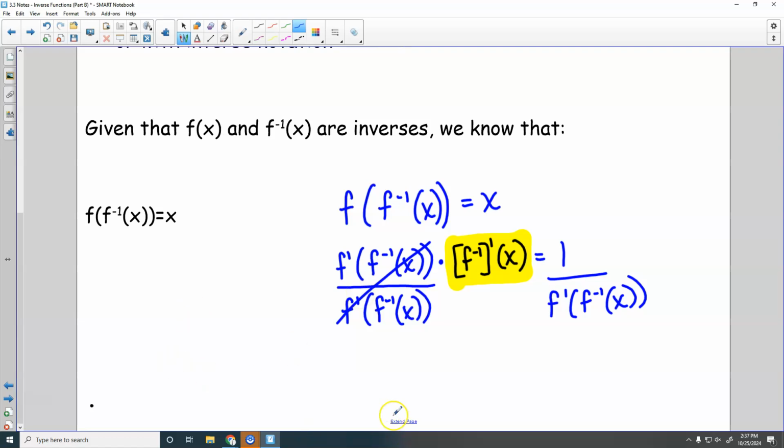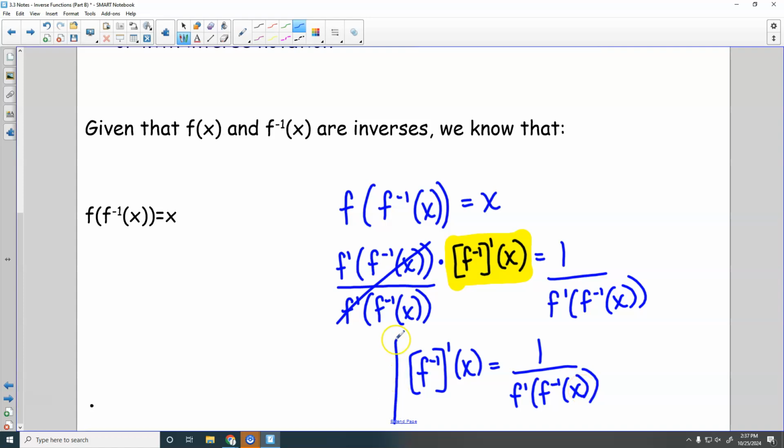And so, again, that formula for the derivative of the inverse is 1 over f prime of f inverse of x. So that's one that you want to know.